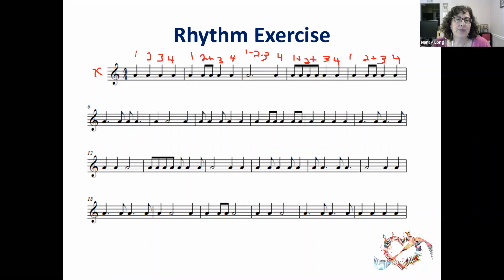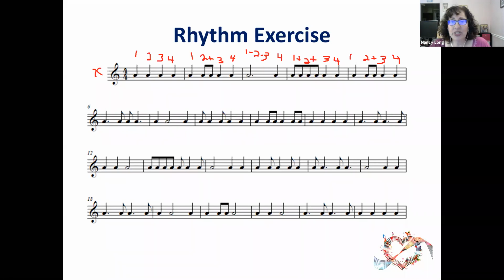Ready? 2, 3, go. 1, 2, 3, 4. 1, 2, and 3, 4. 1, 2, 3, 4. 1 and 2 and 3, 4. 1, 2, and 3, 4. Okay, how did that go? Can you give me a nod or a, well, I'm not so sure. Marina wrote all those in for us, so that made it a little easy.